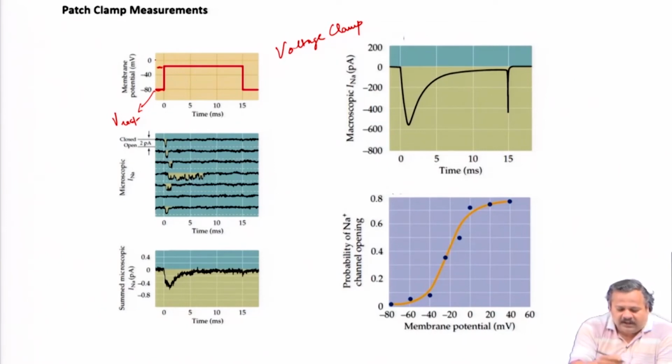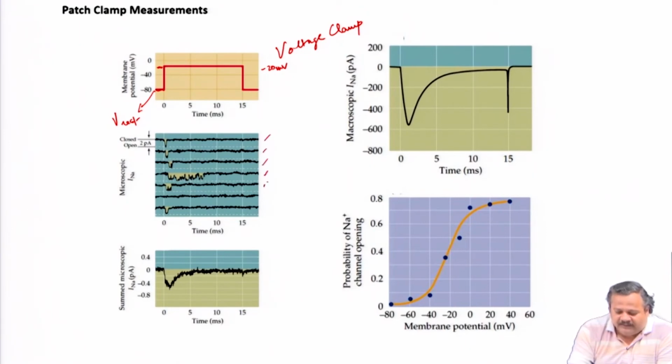In this case, let us say it is around minus 20 millivolts, and it is held there for 15 milliseconds, and then we clamp back to V rest, which is minus 80 millivolts.